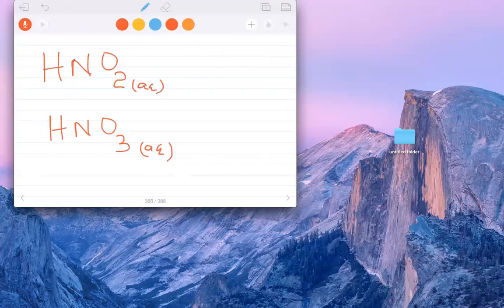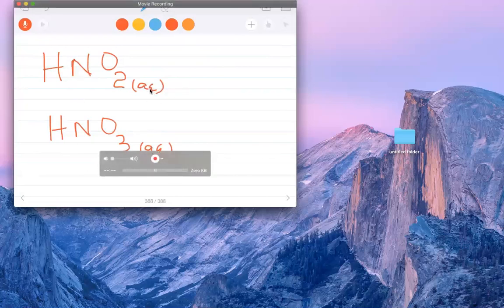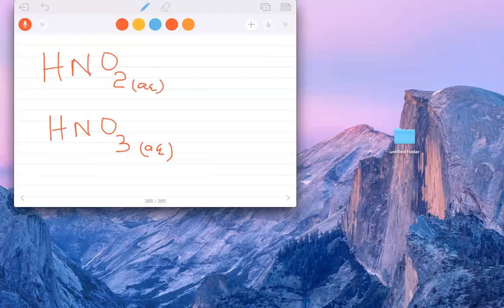It's not a binary acid. The moment I see aqueous, I know that it's an acid. And if I see more than two elements in the formula, then it is not a binary acid. It's a ternary oxy acid. There's oxygen in it. All of them have oxygen.